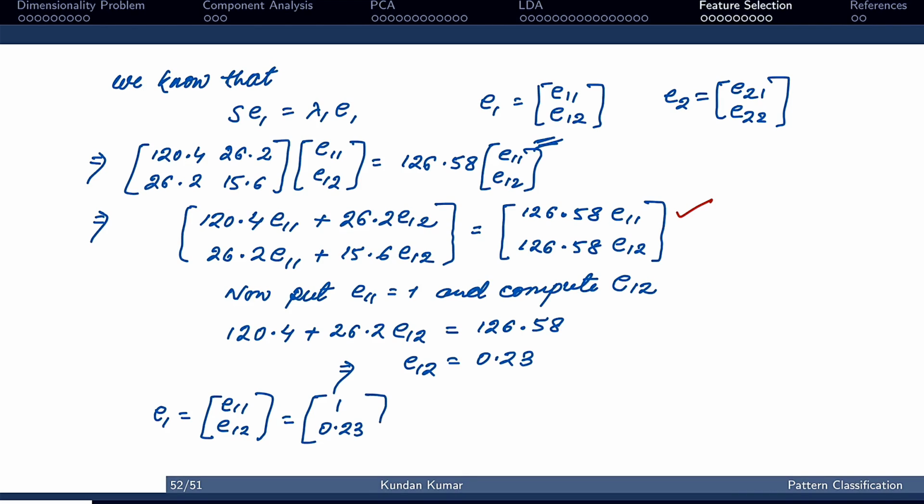Here you can see that E1 is not a unit vector, so we have to make it a unit vector. How can we do that? We just compute the magnitude of this vector and divide each element by it. So we multiply by 1 divided by the magnitude of this vector.